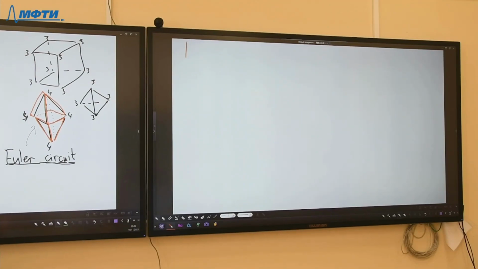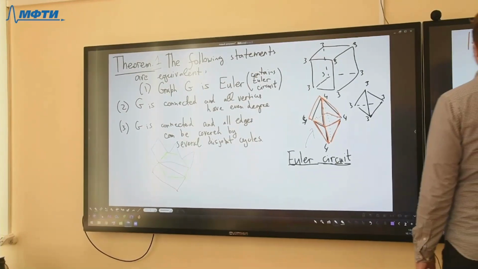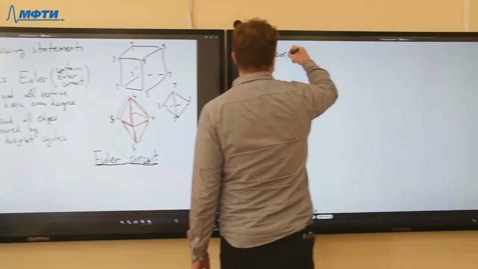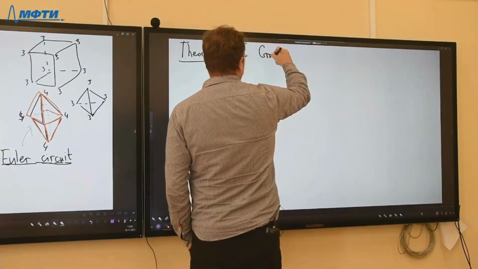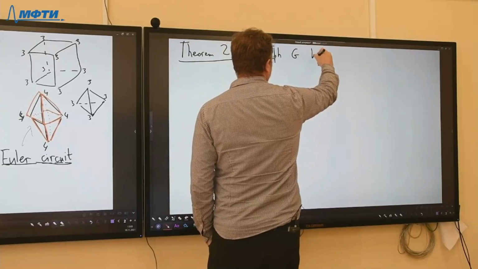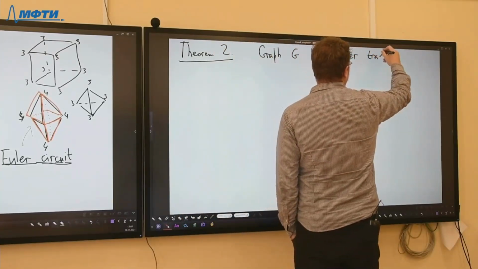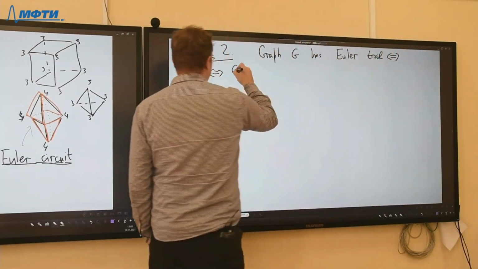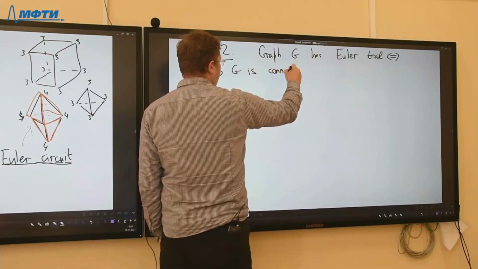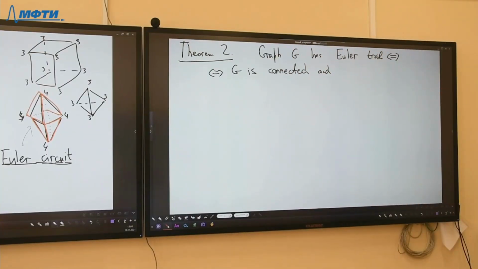So theorem 1 will be about the circuit, and theorem 2: graph G has an Euler trail if and only if G is connected and has exactly 0 or 2 vertices of odd degree.